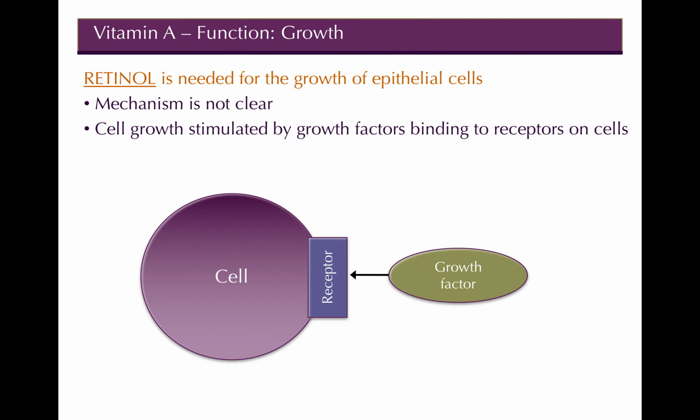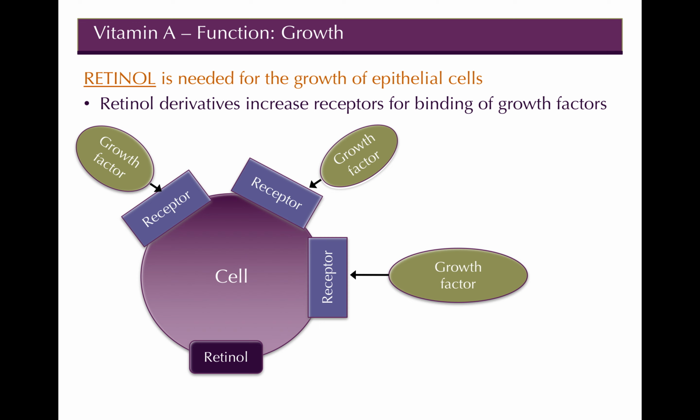So moving on to growth, remember the one involved in growth is retinol, OL. And specifically, they noticed that it's really important for the growth of epithelial cells. So in order to have adequate growth of epithelial cells, we need adequate amounts of vitamin A. The exact mechanism isn't clear, but they do know that cell growth is stimulated by growth factors binding to receptors. Obviously, we've learned that, I'm sure, several different times in several different classes.